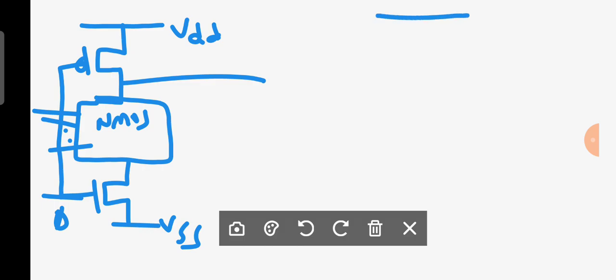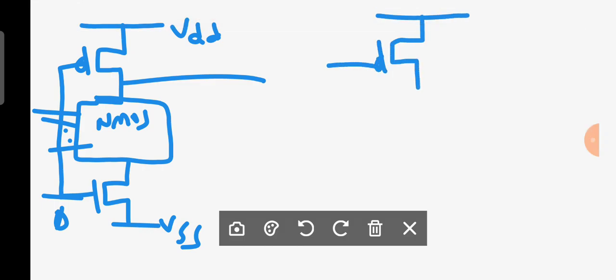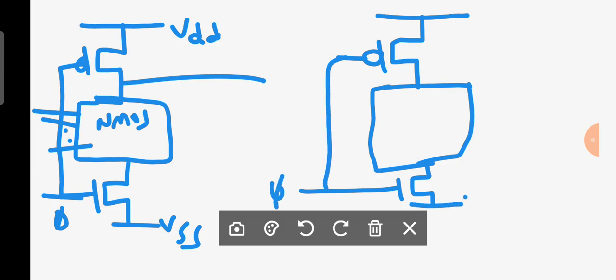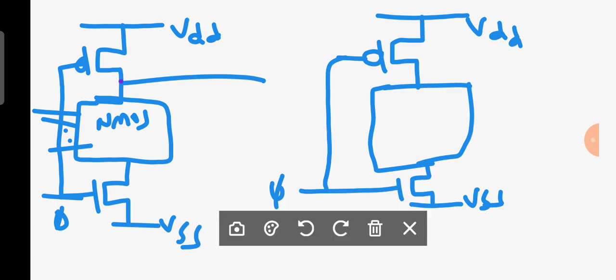Now if another type of dynamic logic is there, now you can observe very carefully, like this, a phi, and it is VSS and VDD, and it may be an output. Now here the main thing is you have to observe this output should be given as input.